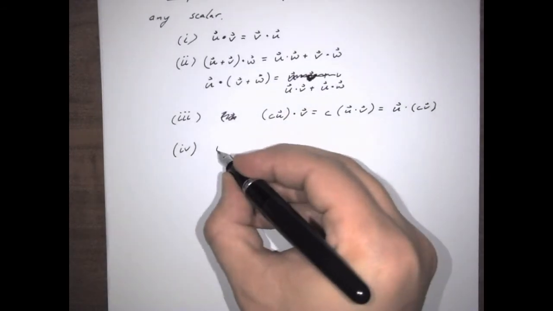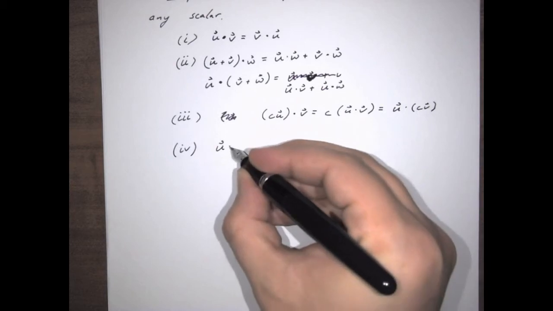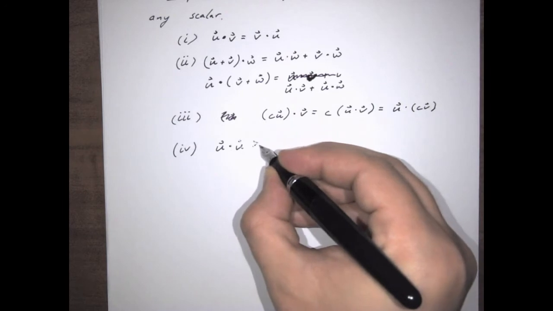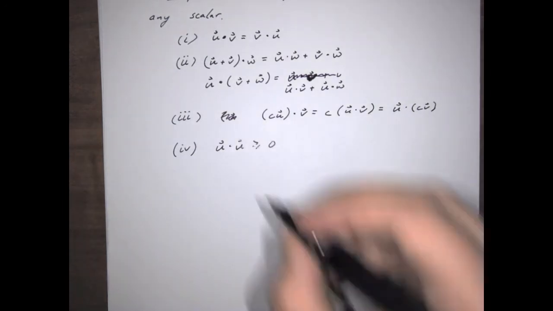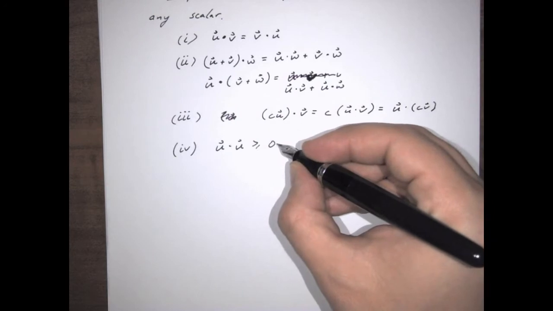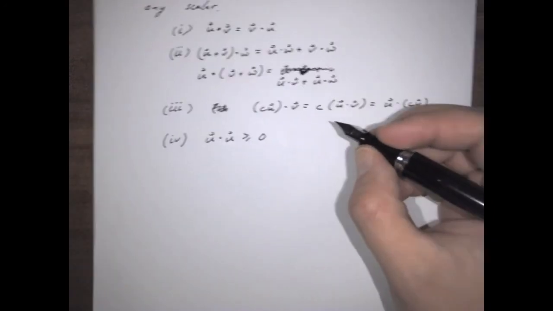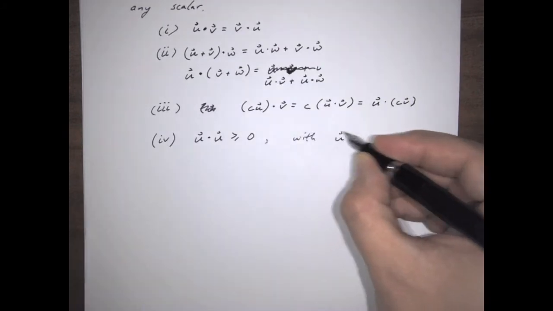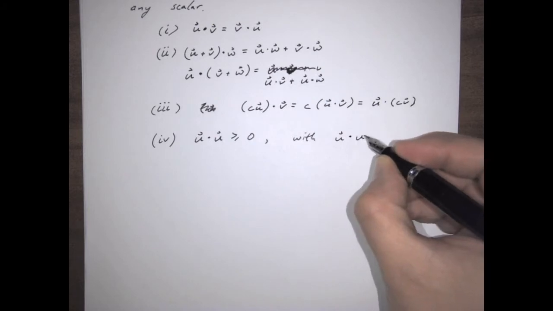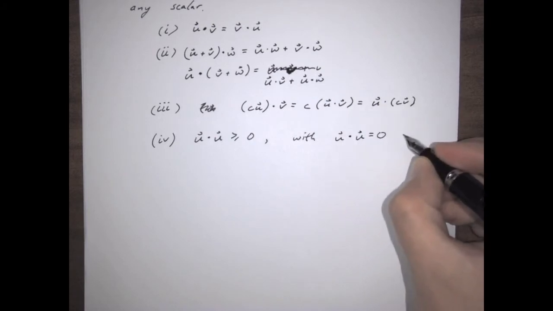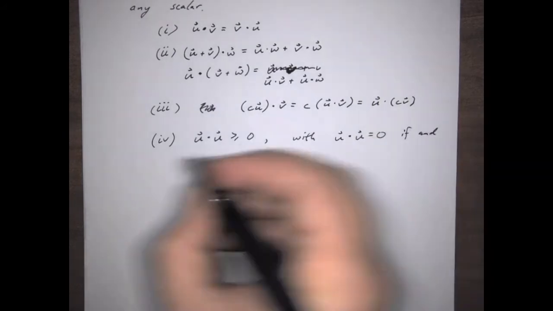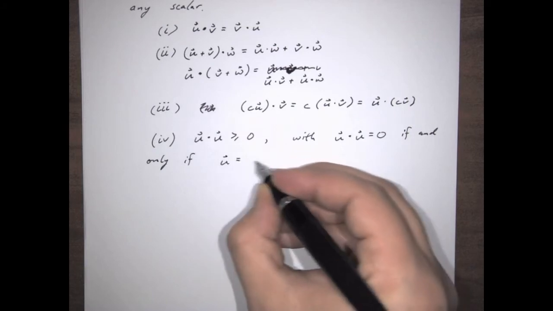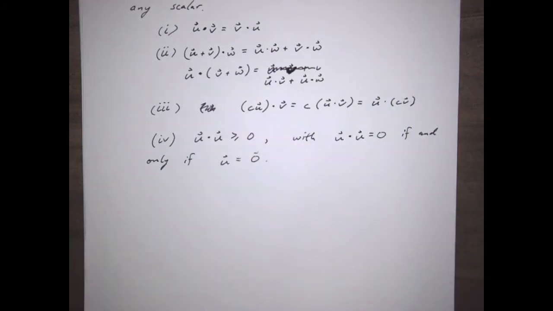So this is what's called the positive definiteness of the inner product. U dot u, so u dot itself, is always greater than or equal to 0. Dot products always produce numbers, they always produce scalars, and this is a scalar that is always going to be non-negative, with u dot u equals 0 if and only if u is the 0 vector.